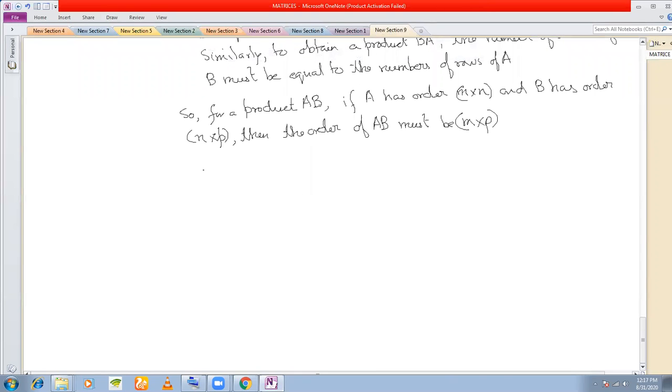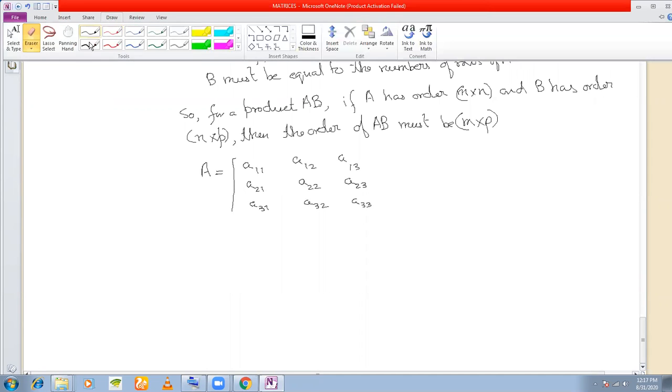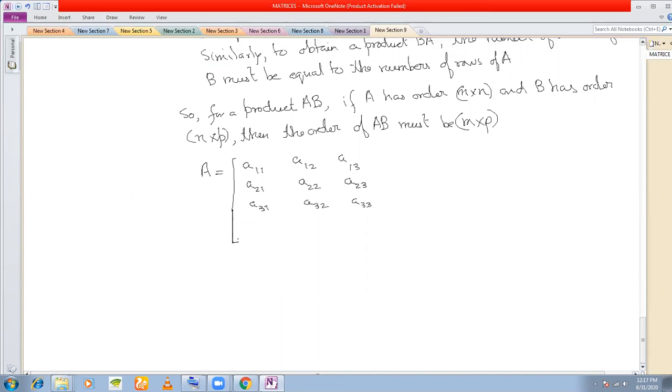Suppose I give you the matrix A, say this: a11, 12, 13, 21, 22, 23, 31, 32, 33, and 41, 42, 43.